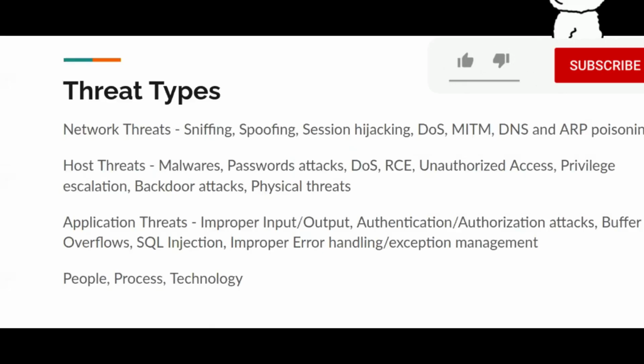So in our case, malicious people. If there are attacks that happen on people, they are related to social engineering attacks. The process relates to the way we do businesses. If there are loopholes in the way we do businesses, then those kinds of attacks come under process.